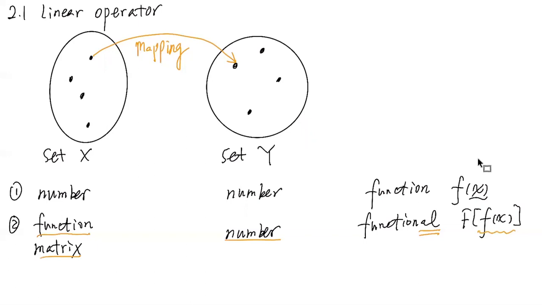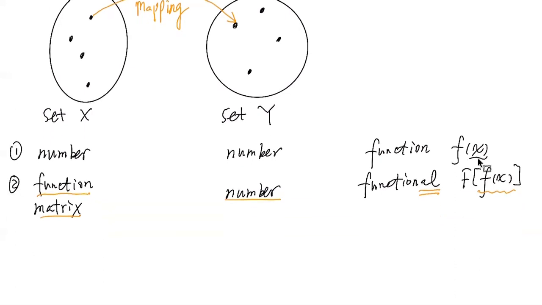For instance, energy is a functional of the electron density. Electron density itself is also a function of the position of the electron. So we can have an energy functional.